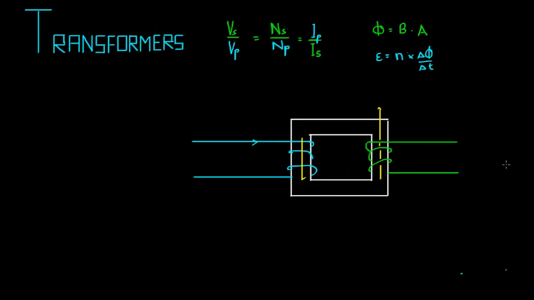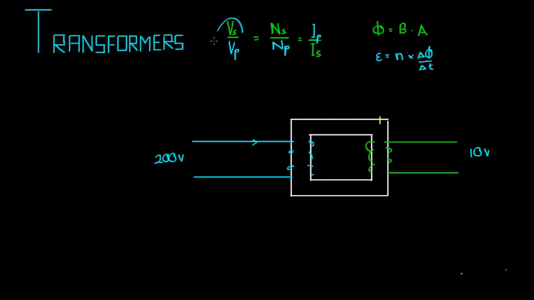So the first question asks us to design our own transformer. And the requirement is that if you have a voltage source over here of 200 volts, and you want to get it down to 10 volts over here, they want you to design a transformer that will achieve this.